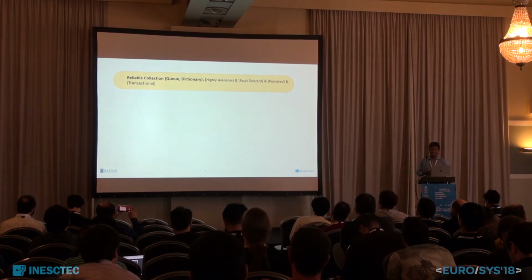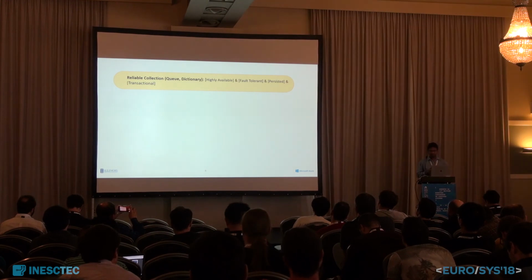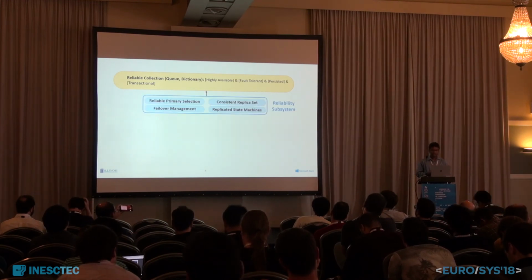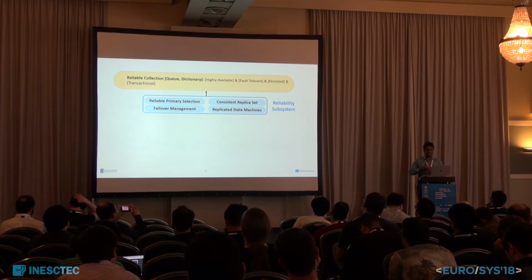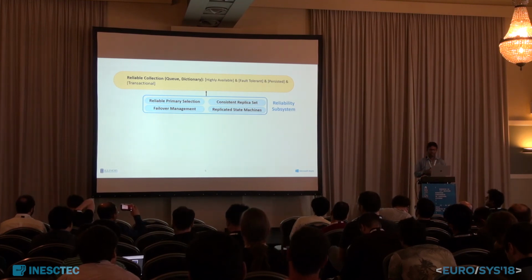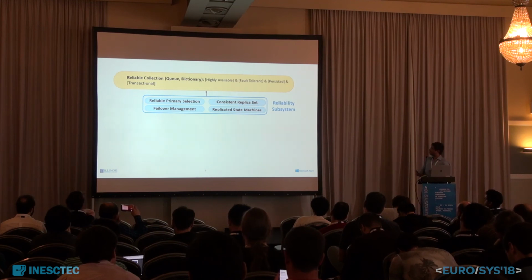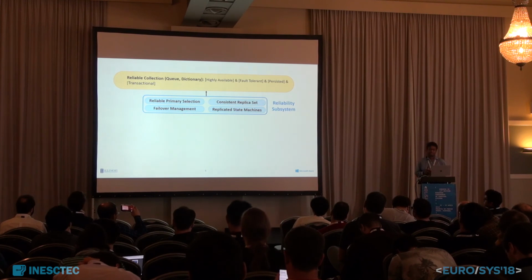Reliable collection is basically a distributed data structure, similar to a dictionary or queue, that is highly available, fault-tolerant, persistent, and transactional. To ensure these properties, it relies on its immediate lower layer, the reliability subsystem, that manages reliable primary selection, consistent replica set, failover management, and replicated state machine.